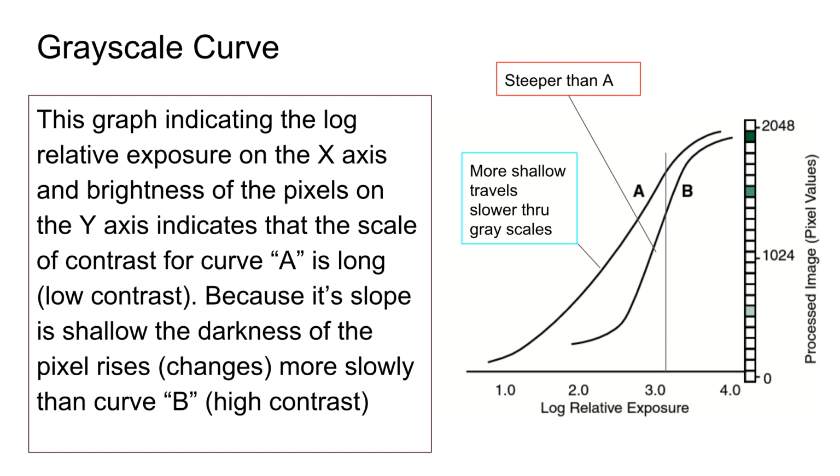If you shallow that out, now you're traveling slower, spending a longer period of time going through the grayscales. That represents on the image as a longer scale and a lower contrast.